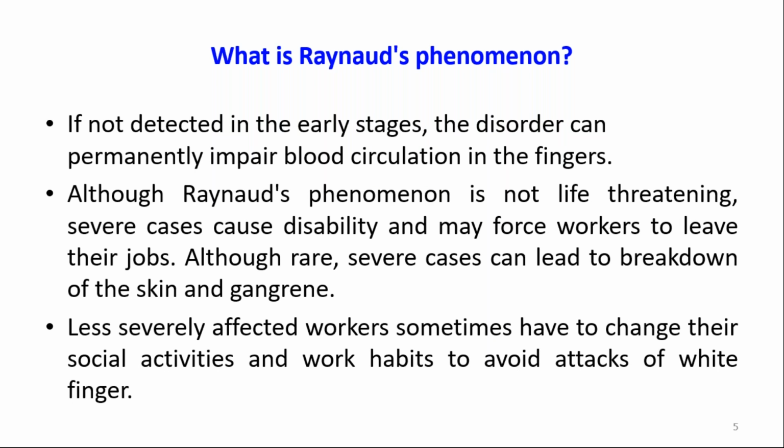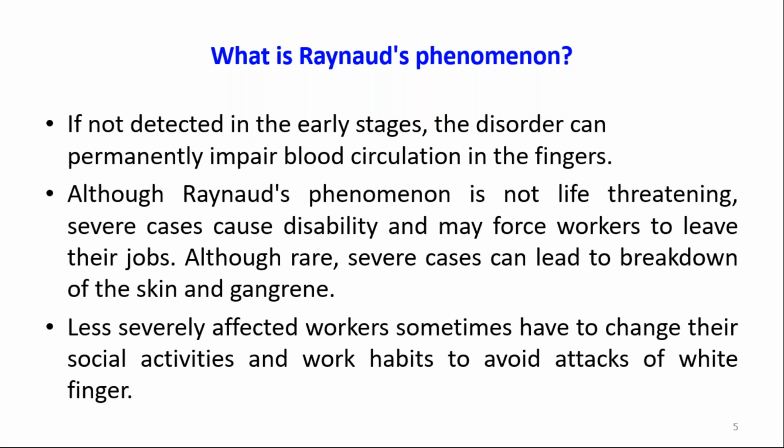If not detected in the early stages, the disorder can permanently impair blood circulation in the fingers. That is the main reason why you should detect this disease, and you must know the signs and symptoms of Raynaud's phenomenon to avoid permanent damage or impairment of the blood circulation in the fingers.